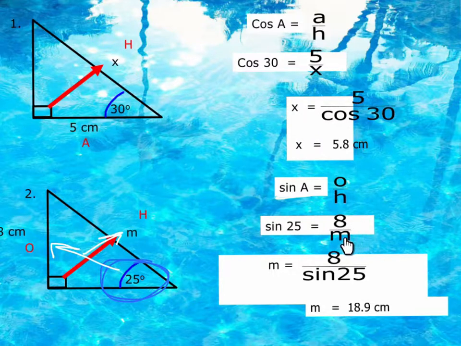I would use cross multiplying, and then I could find m by plugging this into my calculator, and it would be 18.9 centimeters. So now you figured out how to find a missing angle given 2 sides. You were able to find a missing side given a side and an angle, and you figured out how to use inverse trig functions along with the first 3 trig functions. A lot of information. So let's sum it up on the next slide.